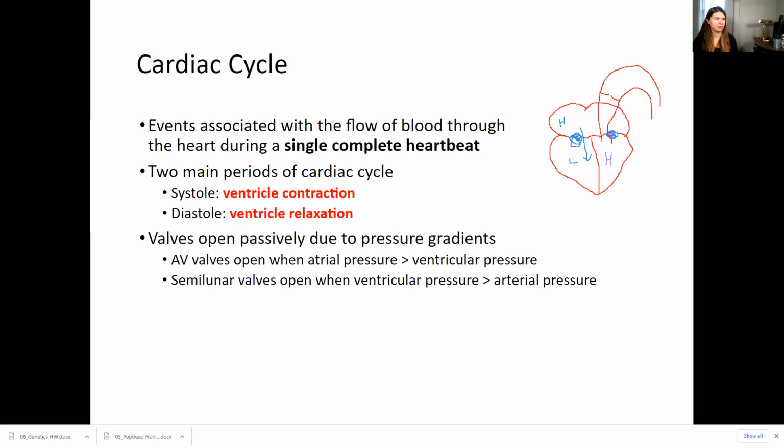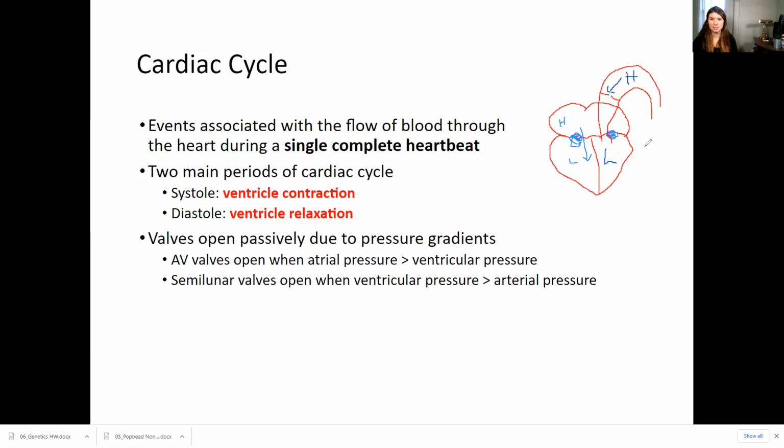So if we had the reverse of pressures, right? So if at some point we end up with high pressure in this part of the aorta, low pressure in our ventricle, we'd have the blood wanting to move back towards the heart, back into the left ventricle, because it just wants to go high to low, right?